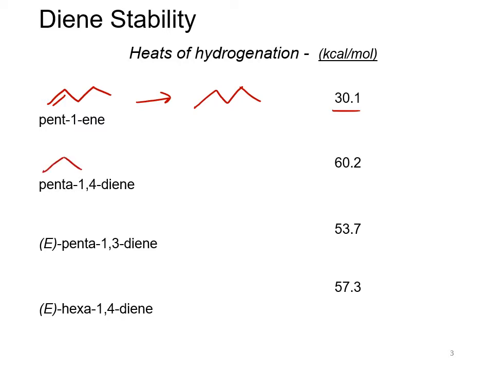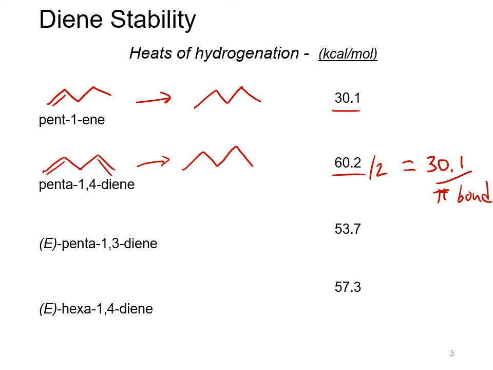If I take the diene penta-1,4-diene and reduce that to the same alkane, I get 60.2, right? So there's 30.1 kcal per mole in one bond. If we divide 60.2 by 2, we get 30.1 per pi bond.